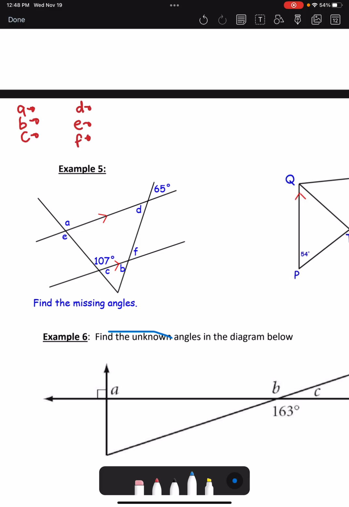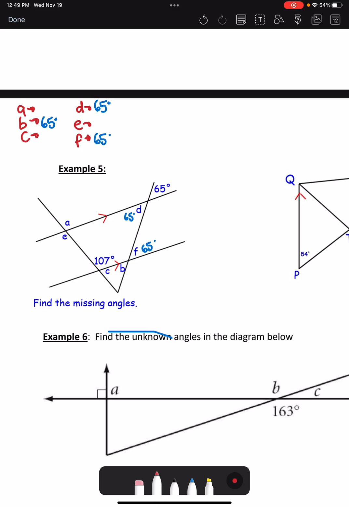Okay, so from here, D is 65 because it's opposite to the 65 over there. Okay, and then I know angle F is also 65 because it's an alternate interior angle. And then angle B is also 65 because it's an opposite angle. So those are all going to be equal to 65.